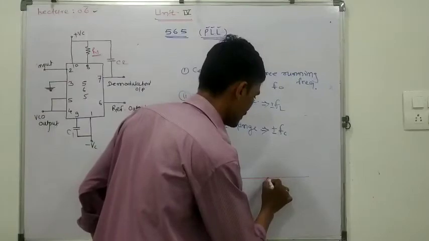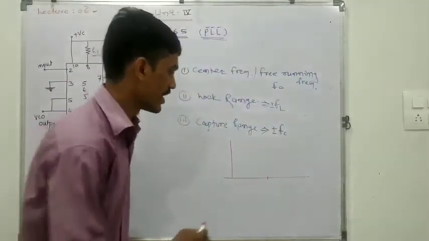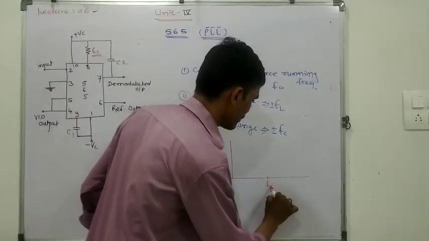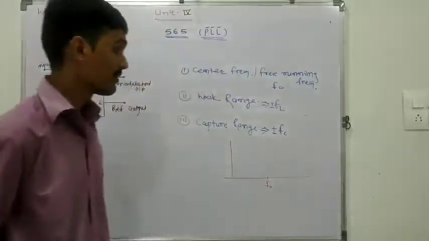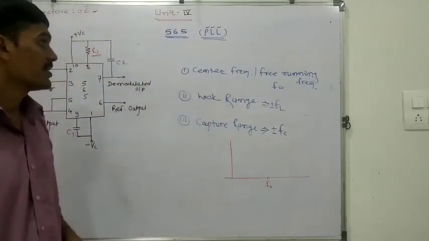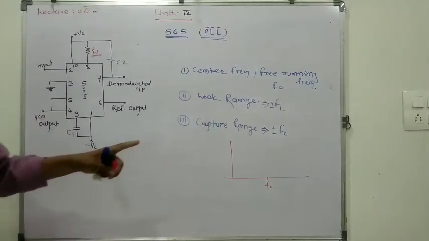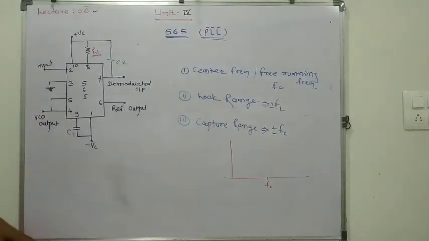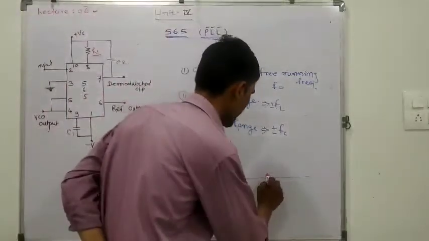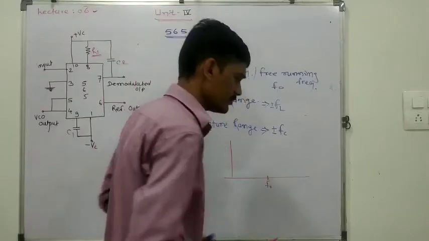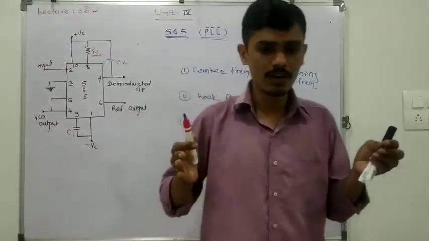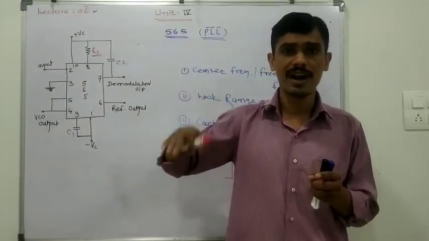Basically, consider the center frequency, which is the free running frequency. Now, what is lock range? Lock range is the frequency over which the PLL can maintain the lock with the incoming signal. Maintain the lock means the input signal is varying.